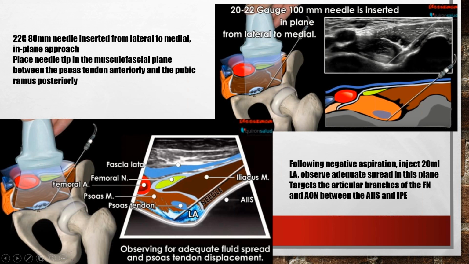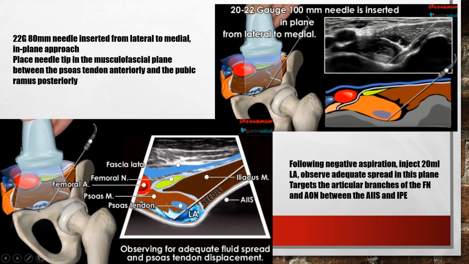We can use about an 80 to 100 mm needle, with local anesthetic of 20 to 30 mL. As we inject, observe the LA covering below the psoas tendon and just above the pubic ramus.